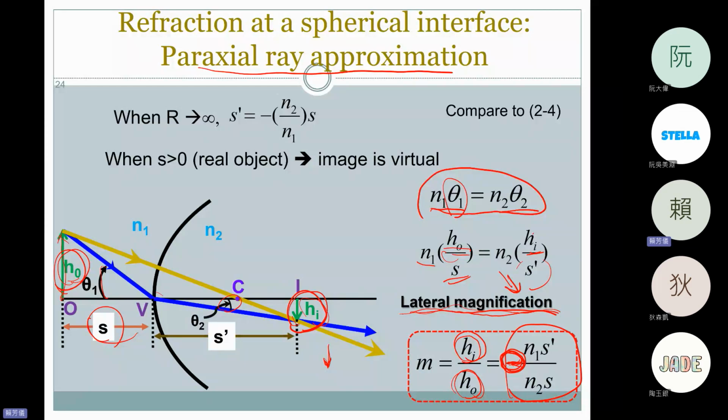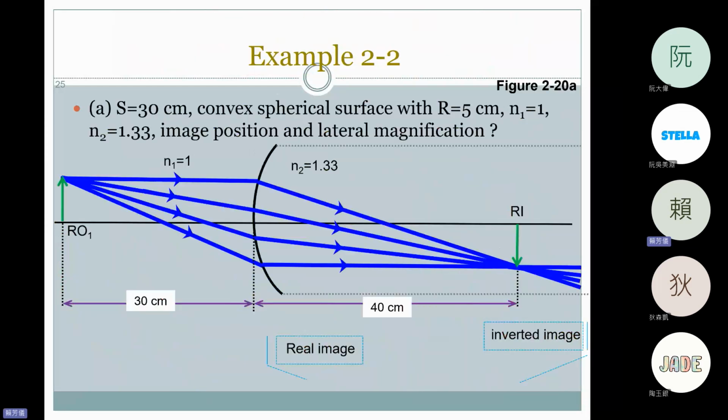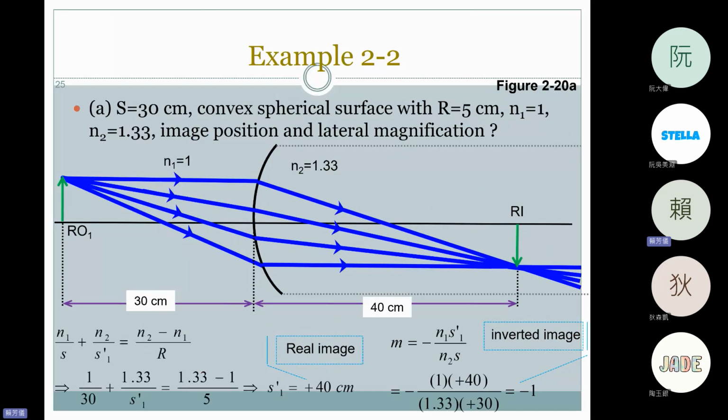Following this, we can use an easy example to check the application of the equation. Here we have a transmission interface. The object distance is 30 cm, positive, and here is a convex surface.